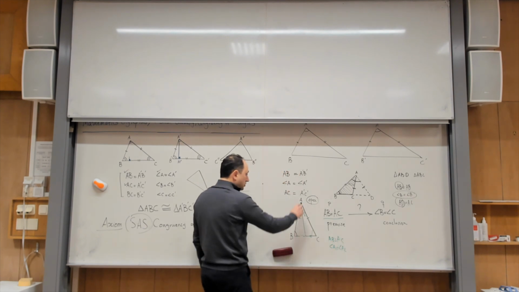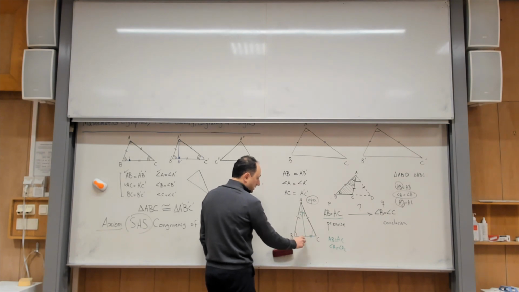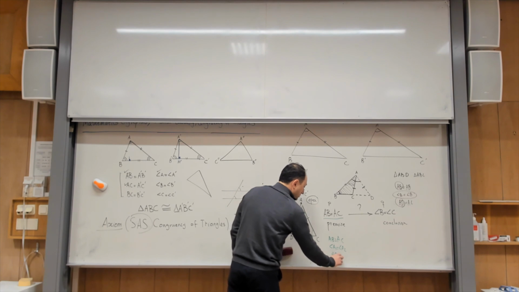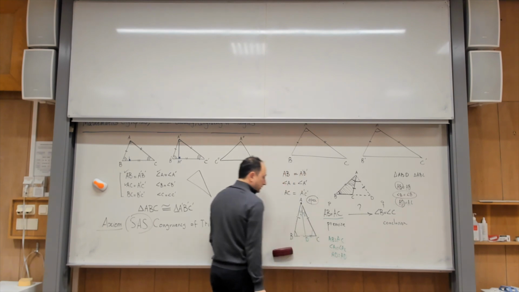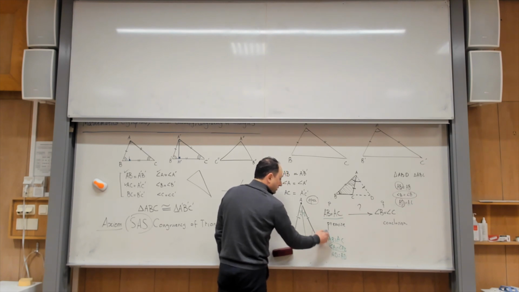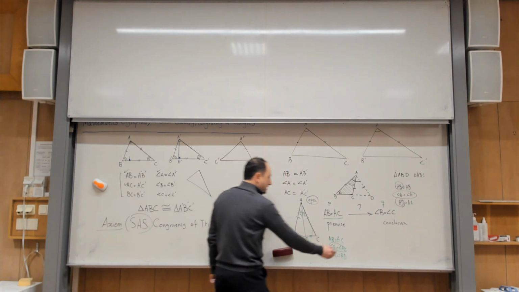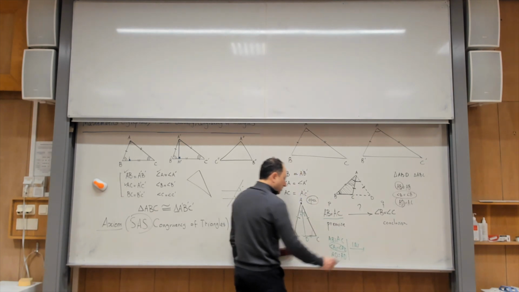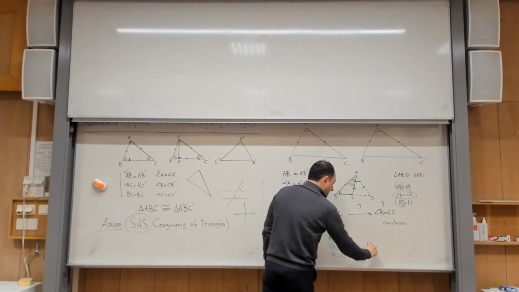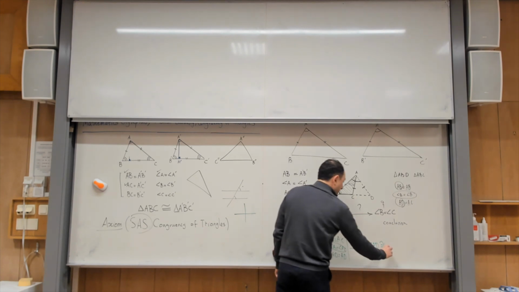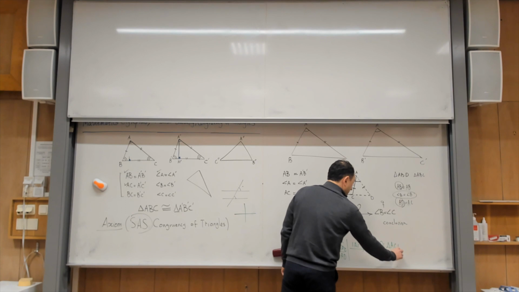And we also know that AD, whatever you want to call it, you can call it D, is equal to AD. That's a side in common. But the important thing is that this angle is the angle between the corresponding sides. So this is exactly SAS. And I can conclude that triangle ABD is congruent to, if I want to respect the order, ACD.